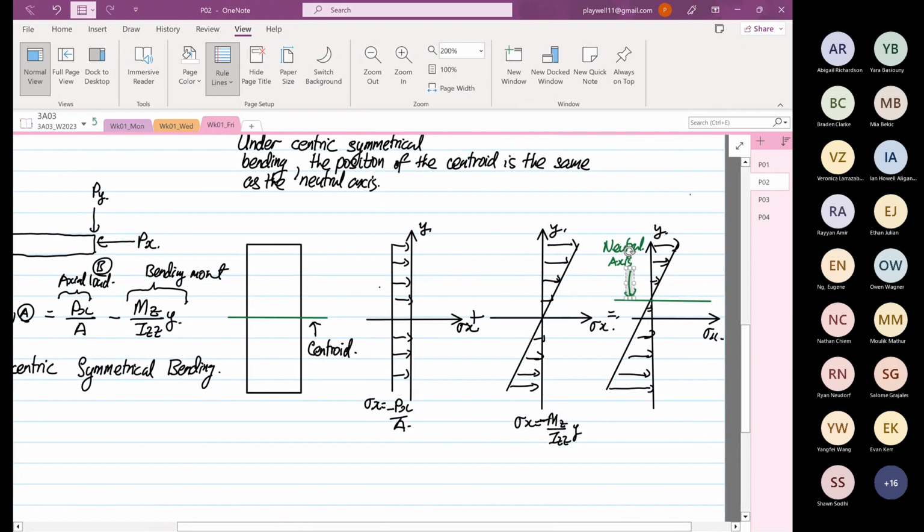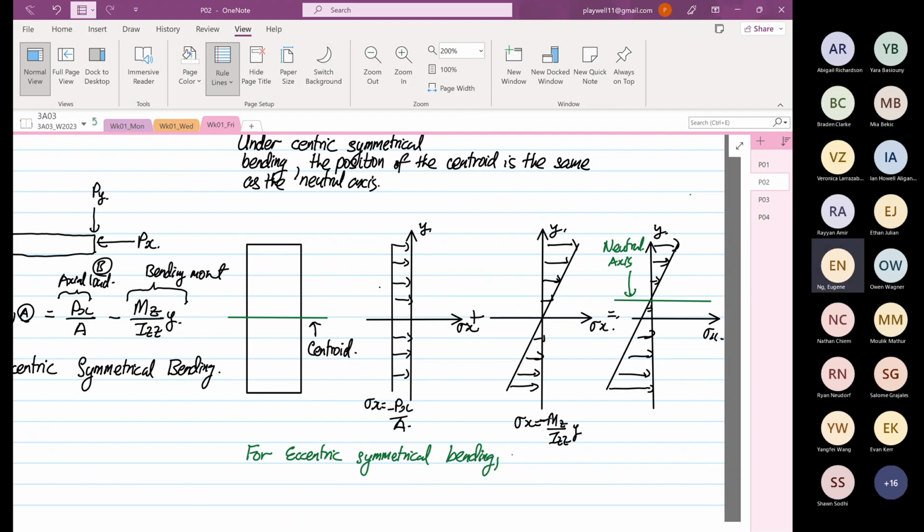For eccentric symmetrical bending, the position of the centroid and neutral axis are not the same.